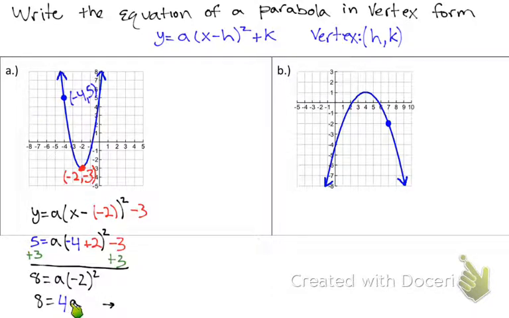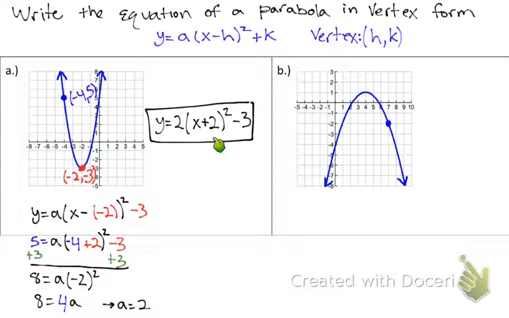To get a by itself, divide both sides by 4. So a equals 2. Now that we found our a value, we can plug it back into our equation. So y equals 2, parentheses, x minus -2, which is x plus 2, squared, minus 3.